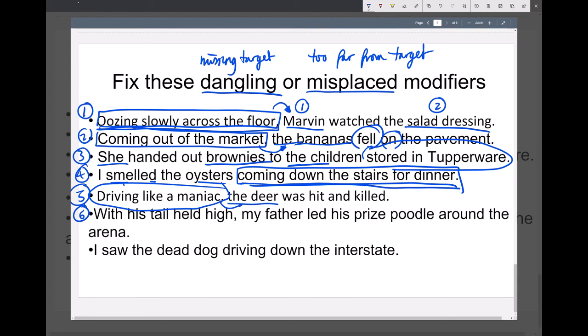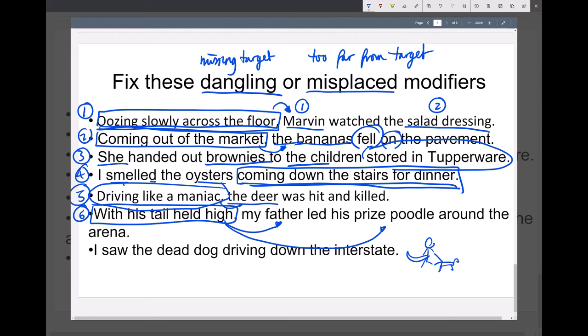With his tail held high, this is sentence 6, my father held his prize poodle around the arena. So again, the modifier is with his tail held high, and it really belongs with the prize poodle. But because it's placed next to my father, now it's like the father has a tail and he's showing his prize poodle around. It's like a person with a tail leading a dog.